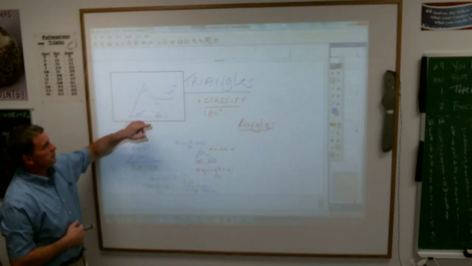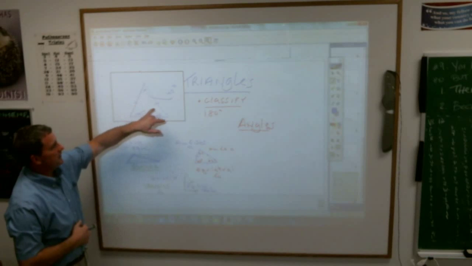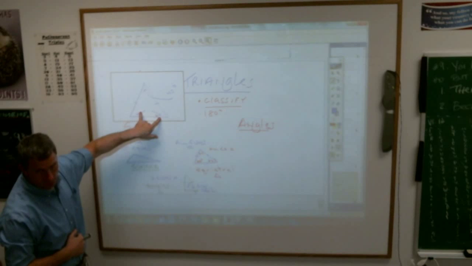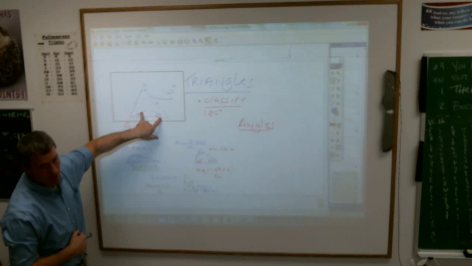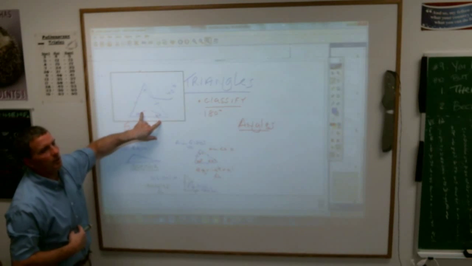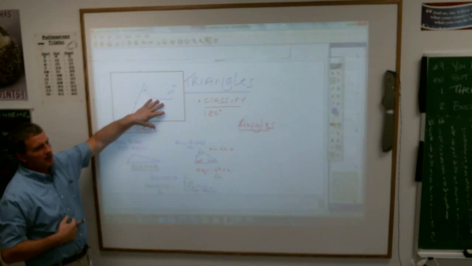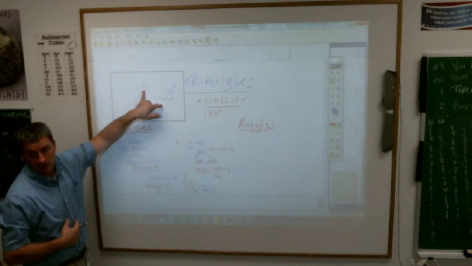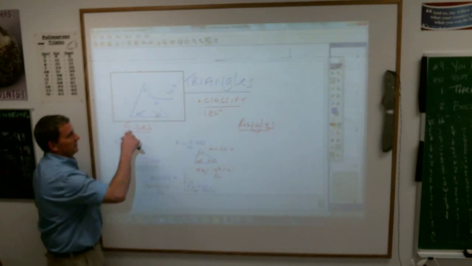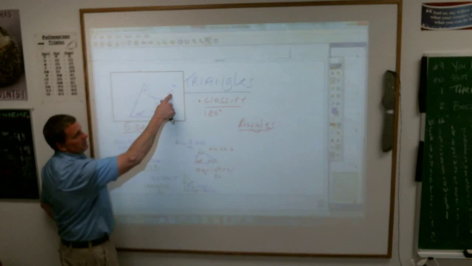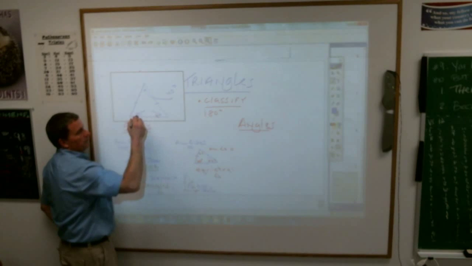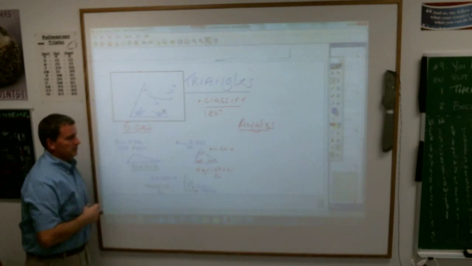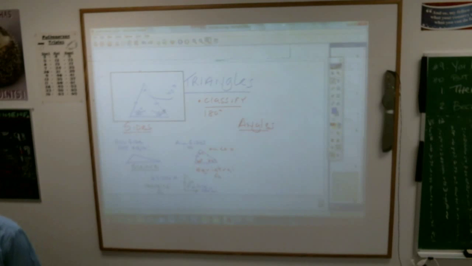Knowing that in an isosceles triangle the angles opposite the equal sides are equal, these two angles have to be equal. So how big do they have to be in order to give me 180 total degrees, knowing that this one up here is 40 degrees? Ryan says 70. Correct, because these two have to equal 140 degrees to give me my 180. Cut 140 in half, and each one has to be 70. It's all these fun little things about triangles that make them special in your life, aren't they?